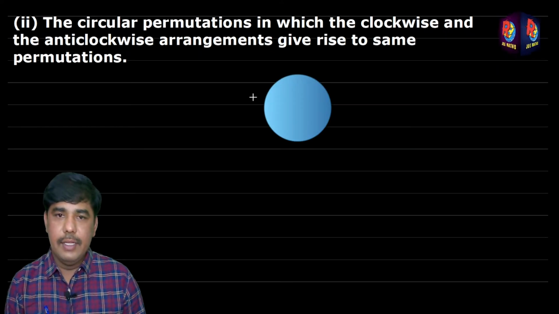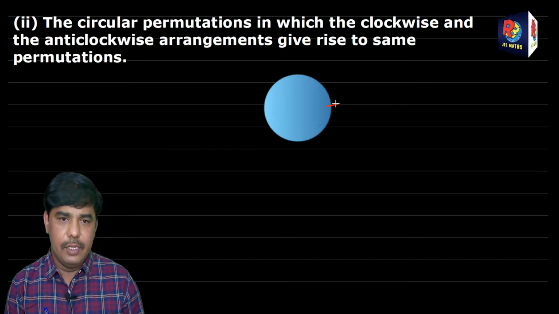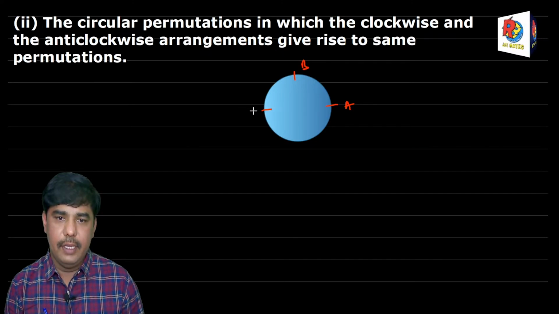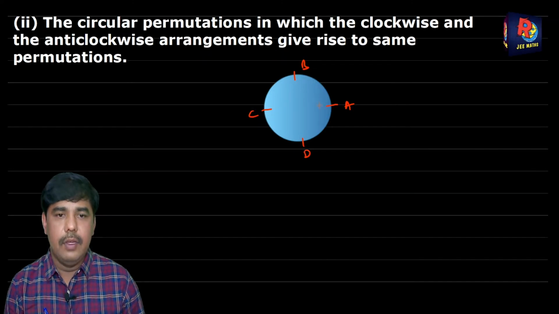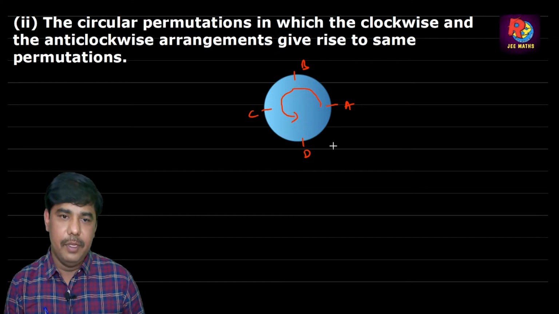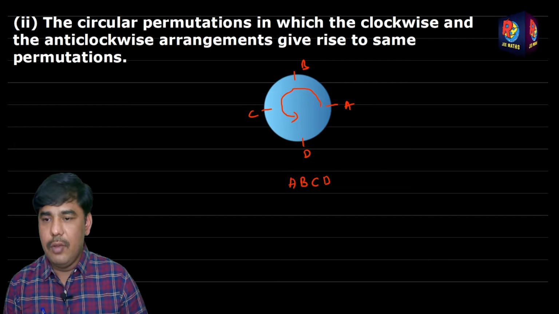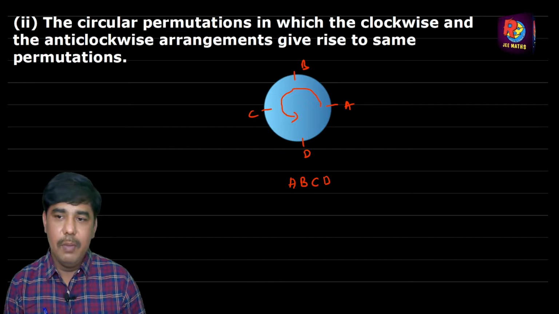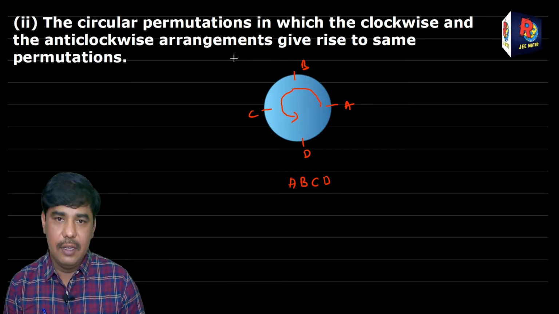Next, in the second case, observe this. If the clockwise and anti-clockwise directions are the same, take A, B, C, D. If I take the anti-clockwise direction, the order is A, B, C, D. Now if we convert this same A, B, C, D into the clockwise direction, you can observe this.